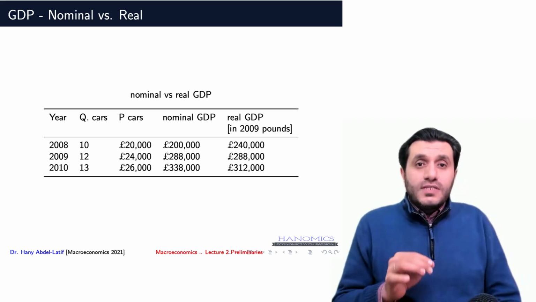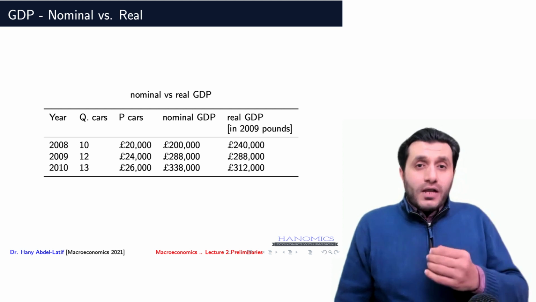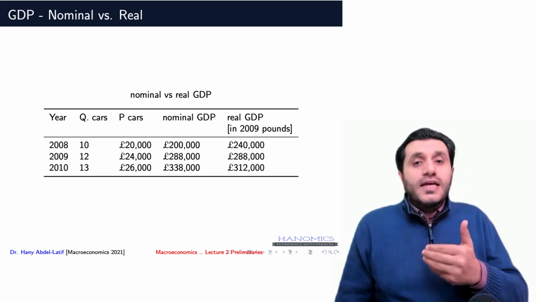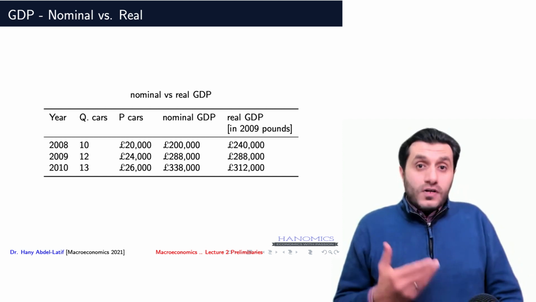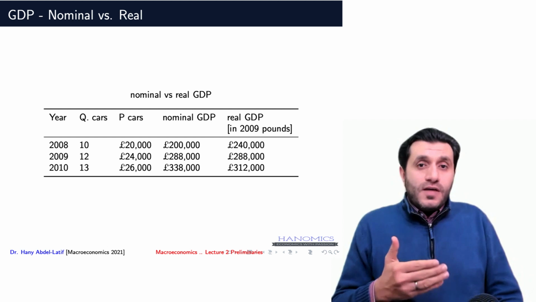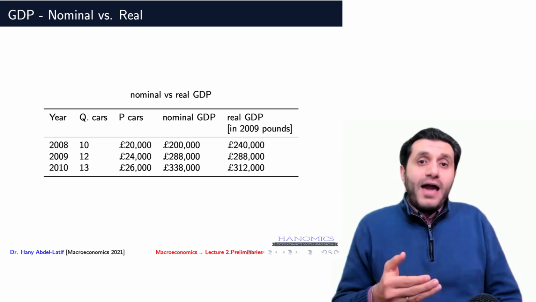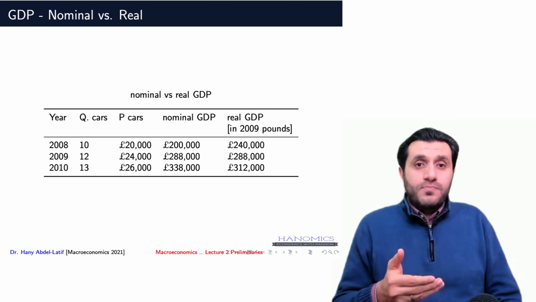This table shows the number of cars produced over 3 years and the associated prices. To calculate nominal GDP, you multiply the number of cars in a given year with cars' price in that year. For example, nominal GDP in 2008 would be 10 cars times £20,000 per car, which equals £200,000.